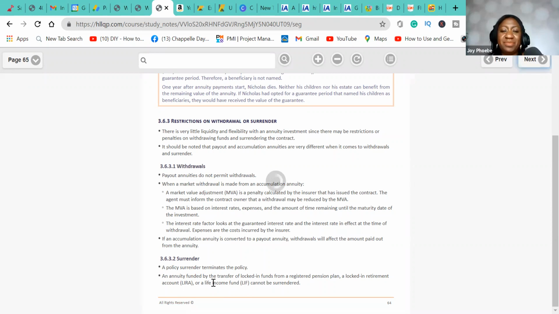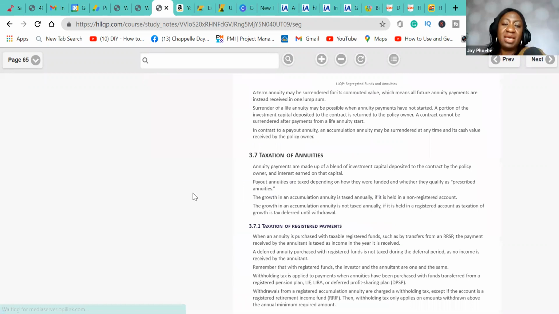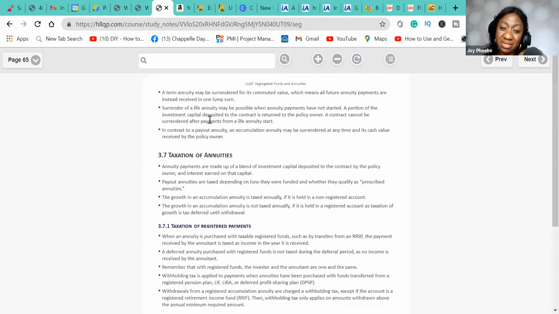Wow, awesome. A term annuity may be surrendered for its accumulated value, which means all future annuity payments will be paid out in a lump sum. Okay. Surrender of a life annuity may be possible when annuity payments have not started.